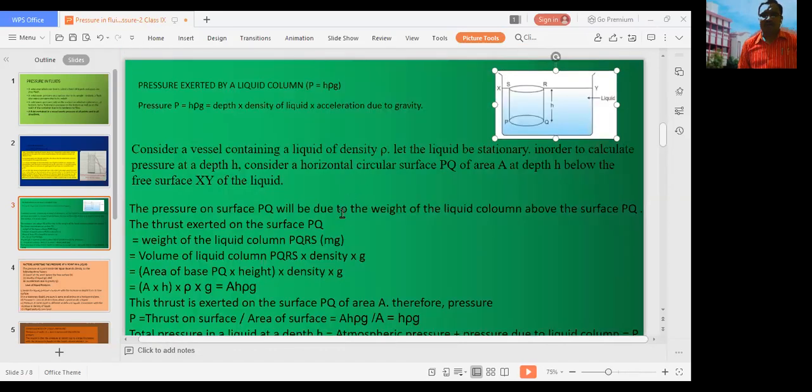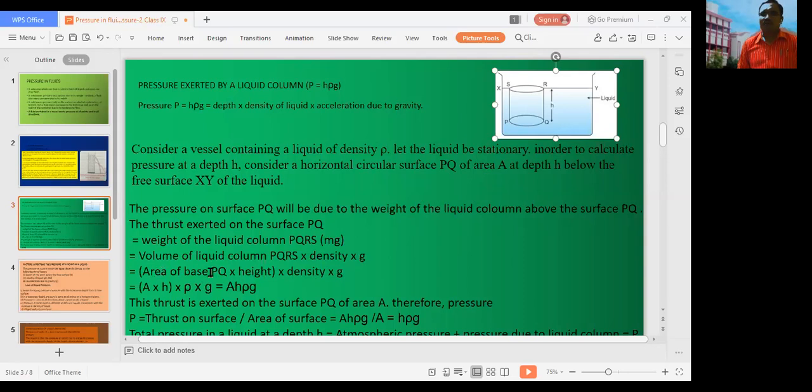The thrust exerted on surface PQ is equal to the weight of the liquid column PQRS. Weight is mass into acceleration due to gravity, mg. Mass can be written as volume into density, so weight is the volume of the liquid column PQRS into density into g.